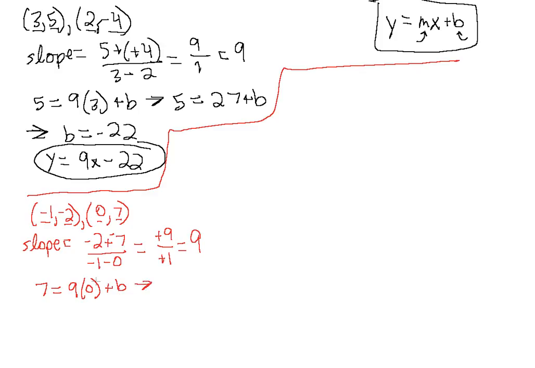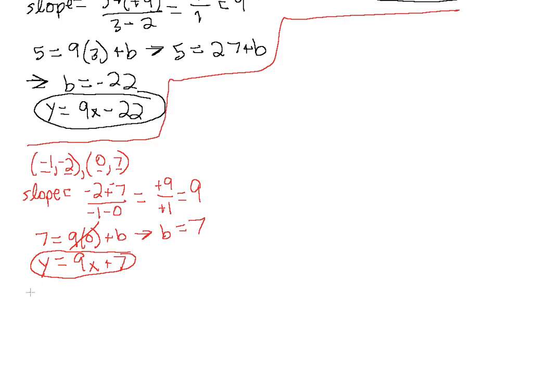You can see the good thing about having zeros, because this cancels. 9 times 0 is 0, so we are left with b = 7. So now we have all the pieces we need to write the general form. We have y = 9x + 7, and that's the slope-intercept form for our linear equation.